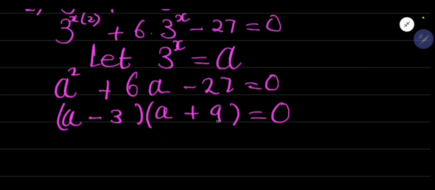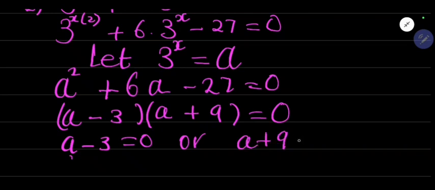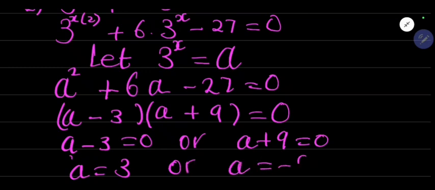When you multiply these 2 factors, they give you minus 27, and when you add them, they give you positive 6. Then from here, you can simply say that a minus 3 equals 0, or a plus 9 equals 0. Then a equals 3, or a equals minus 9.